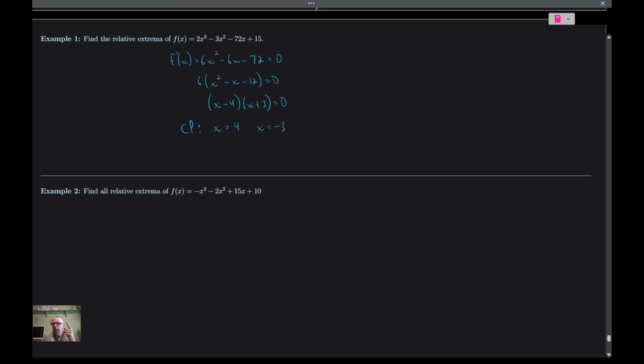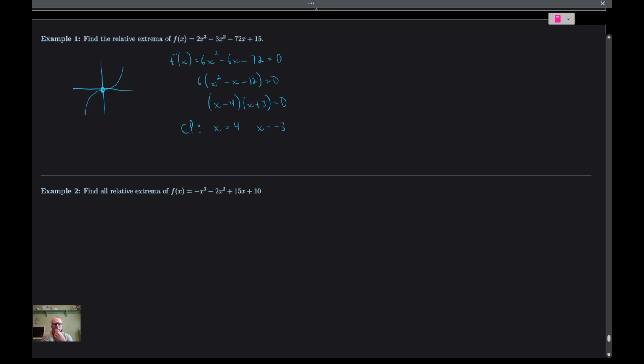Now, with polynomials, you can figure out what the graph kind of looks like. And then that will tell you which one of these is a max and which one is a min. And maybe it's possible they aren't either. So it is possible you could have a graph that looks like this. Now here the derivative is 0, but it's not a max or a min.